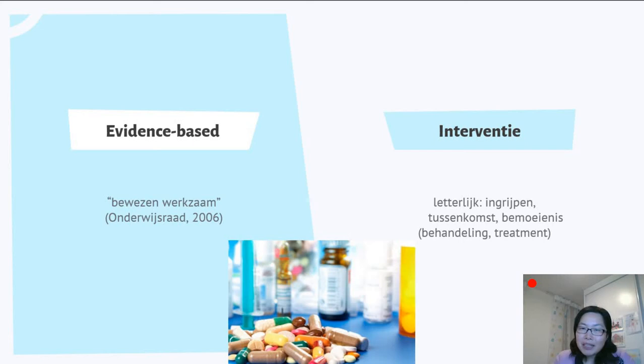An evidence-based intervention originated from medical research, because when a medicine is going to be promoted in the market, it needs to be first tested in the lab to show that this medicine is effective, or has minimal or very little side effects.